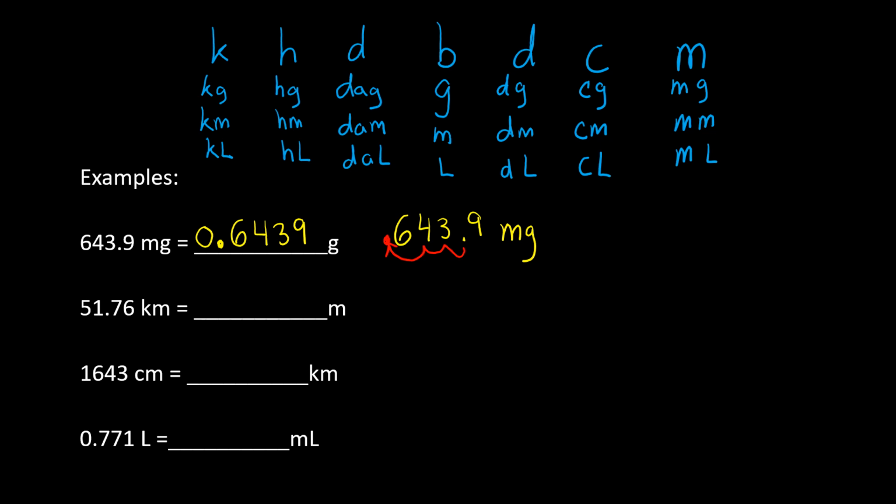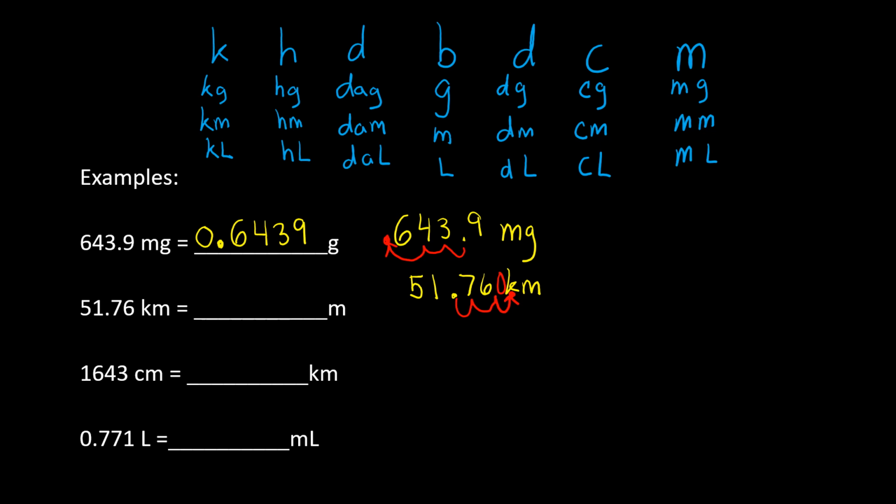And then if we have 51.76 kilometers, and we want to change that to meters, then we have kilometers over here, so we need to move the decimal place 1, 2, 3 places to the right. So 1, 2, and then we need to add an extra 0 here to place the decimal spot because we're moving the decimal place further than the amount of digits that we're given.